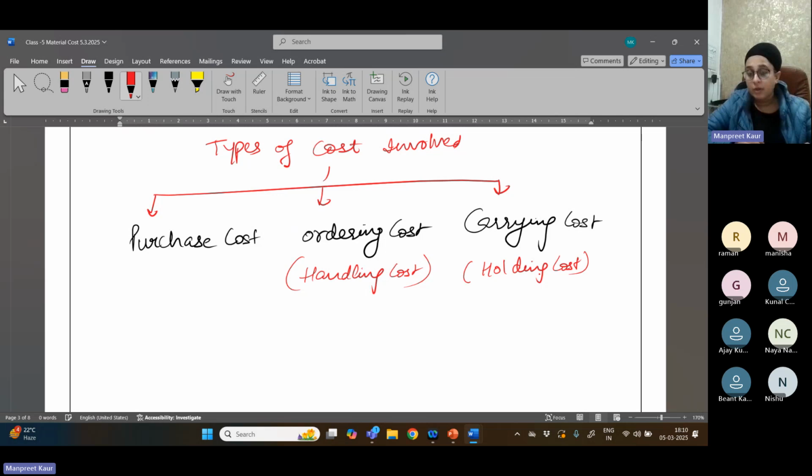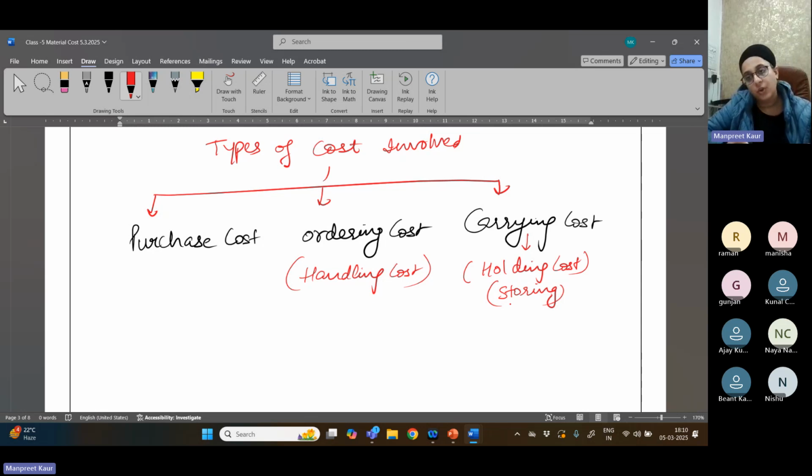Sometimes in a question, it will be given that holding cost is rupees 100 and handling cost is rupees 90. Then carrying cost means holding cost. Holding means storing. Holding means storage cost. And ordering cost is the handling cost.